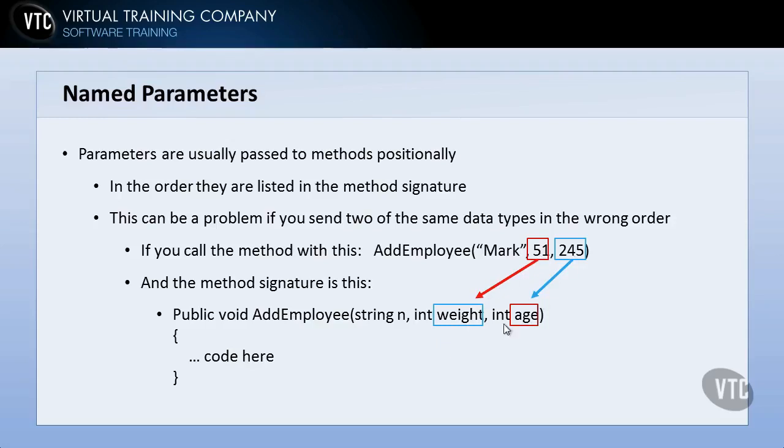Now, if I'm not verifying what's being passed in, and here's another lesson for you, you should verify what's being passed into your methods. You could have a 245-year-old person who weighs 51 pounds working for you and trust you. I haven't weighed 51 pounds since who knows when. I probably weighed that when I came home from the hospital.